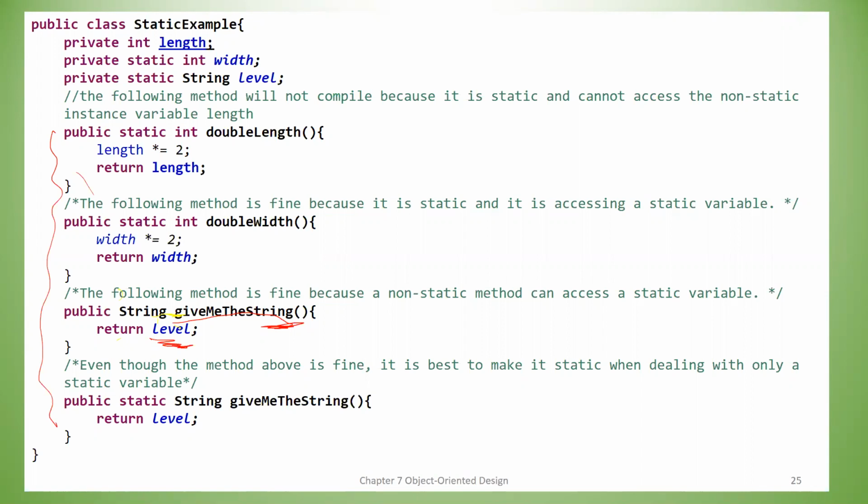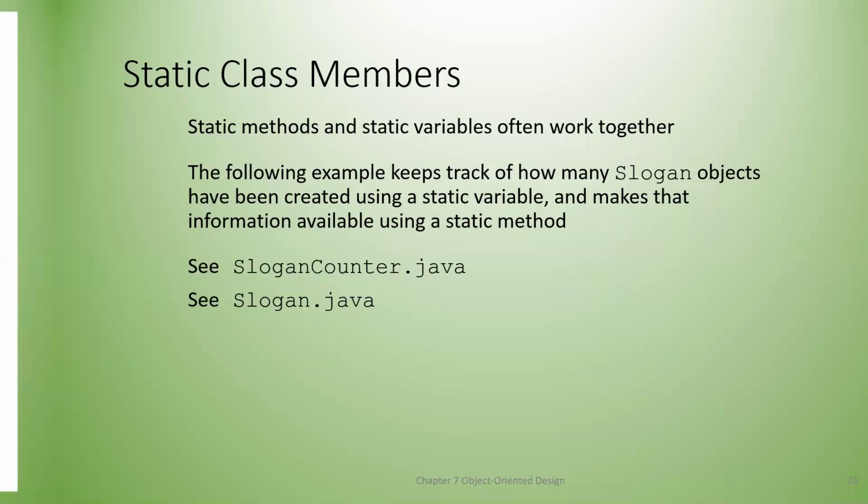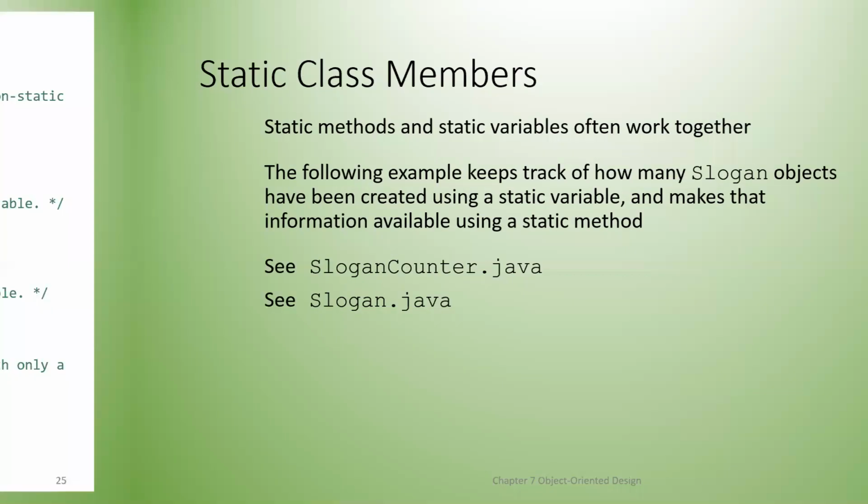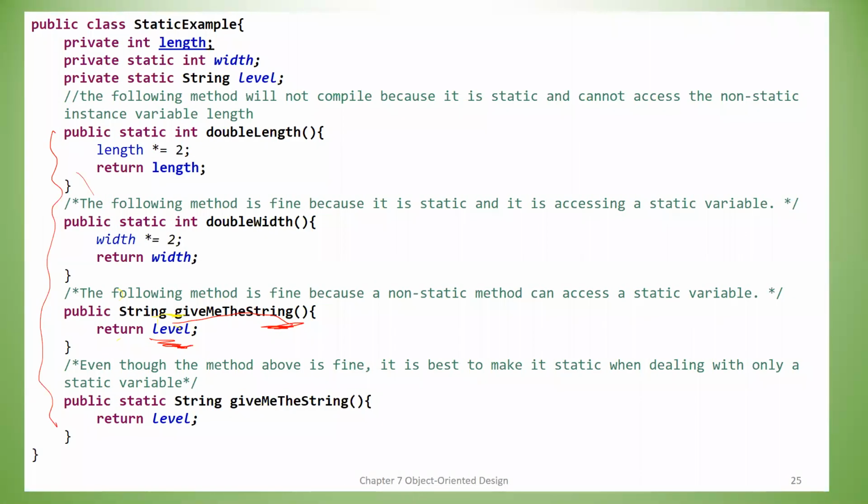That's why, okay? Any questions, everybody? Can you repeat that last part you said about instance variables? Okay, instance variables do not exist before an object is created. That's why a static method is born here.